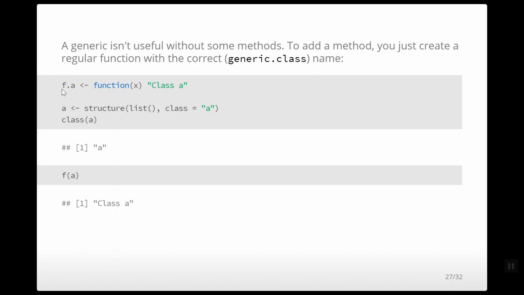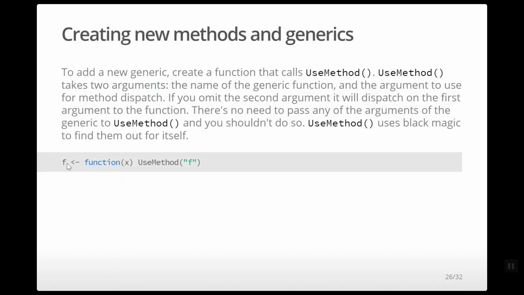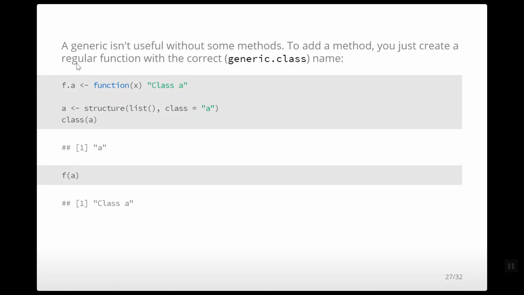So here, if I just run f, R is going to complain. It's going to say I don't know how to do this. But then I have to create something called f.className. So my first one will be f.a, and this will be the function that gets run when I provide it an object of class A. This is a really silly function.